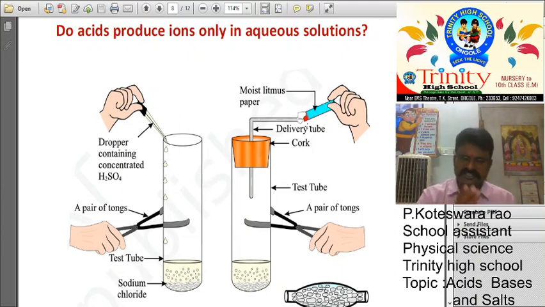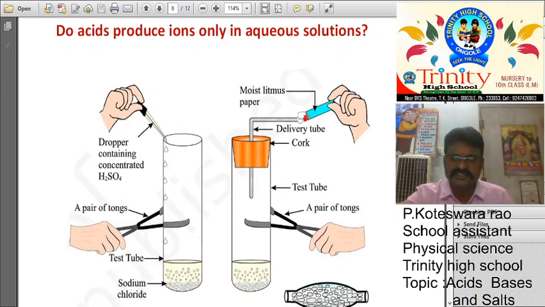So in the first condition, why does it not change into red color? Because the litmus paper is in dry condition. The remaining experiment conditions are all the same, but here we took dry blue litmus paper, so it does not react with this gas. But in the second condition, we take wet blue litmus paper, and it changes into red color.